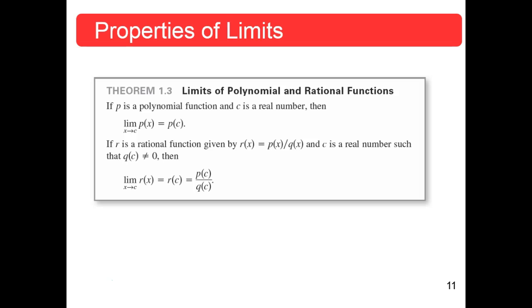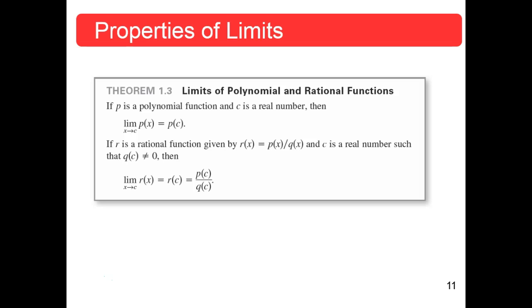So here's Theorem 1.3. This is the middle of page 64. If P is a polynomial function and C is any real number, then the limit as x approaches C of P of x is P of C. Plug it in, plug it in. Any polynomial function does that.